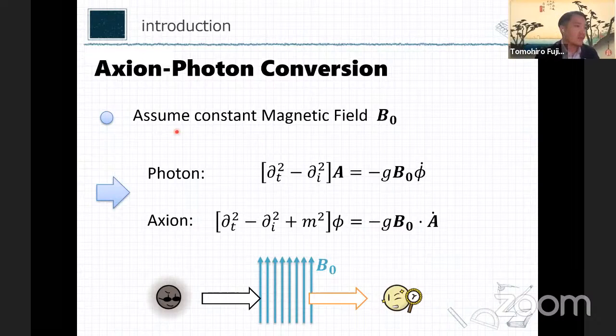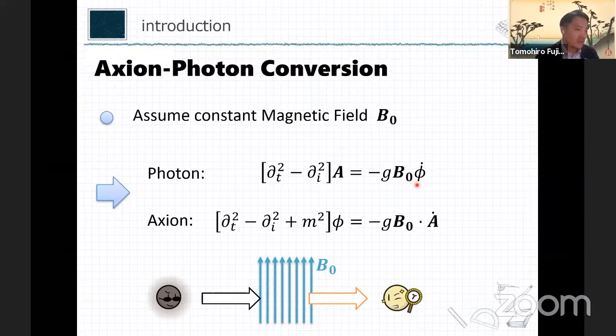Let's assume a constant magnetic field, which you can apply by yourself. Then the rotation of the vector potential in the previous page is replaced by B naught here, the amplitude of your magnetic field. This equation means that photon gets a source term proportional to the coupling constant, the amplitude of your magnetic field, and the time derivative of your axion.